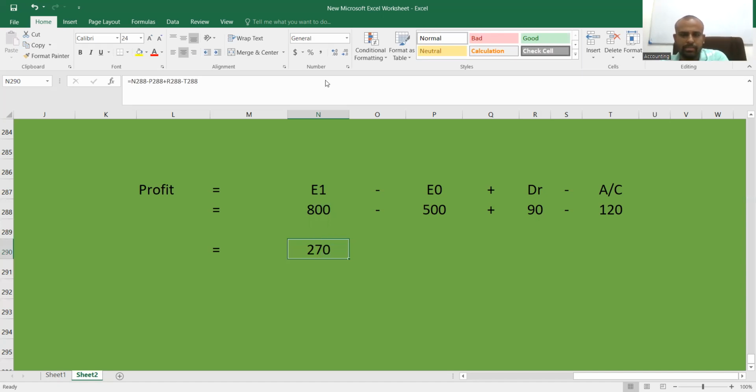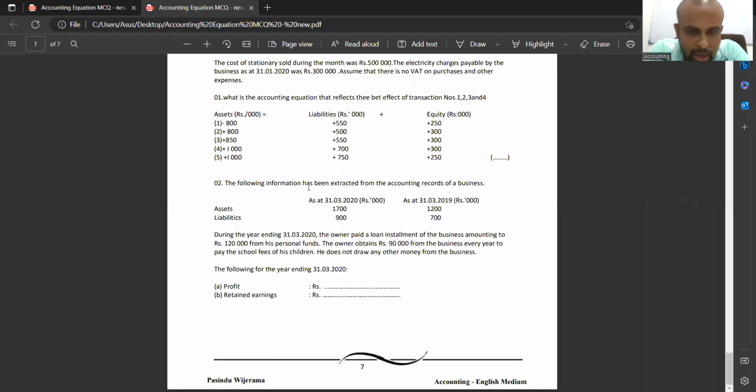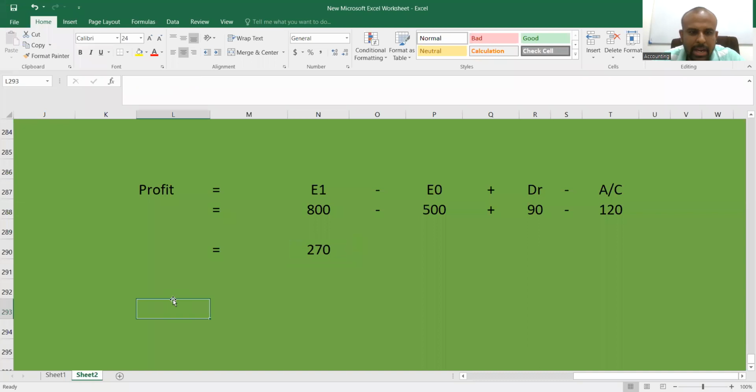Right. Okay. Calculate retained earnings. Right. How do you calculate the retained earnings? We take the profit, 270. But again, how do you calculate the retained earnings?